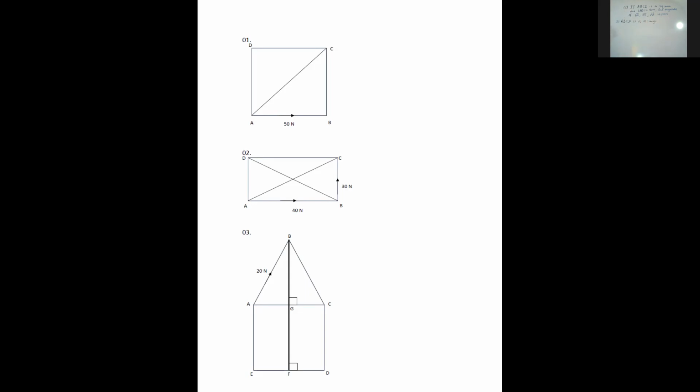If the magnitude of AB is equal to 40 Newton, and the magnitude of BC is equal to 30 Newton, find the magnitudes of AC, BD, DC, AD.